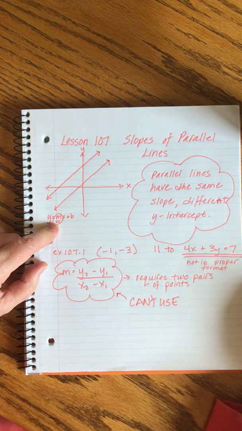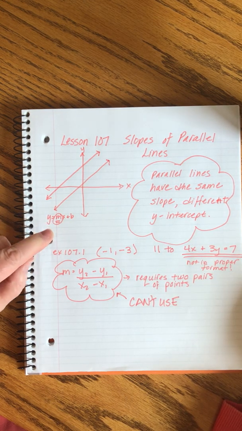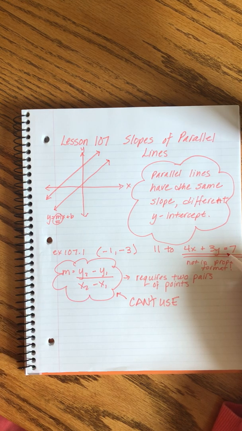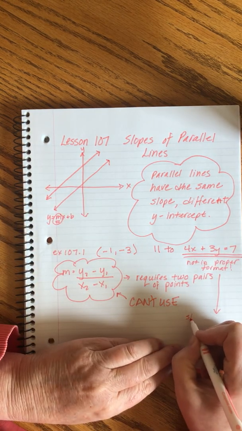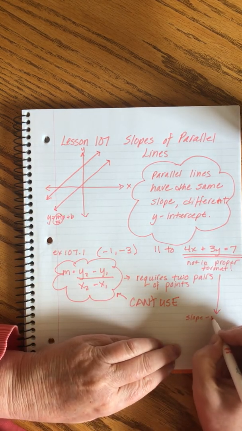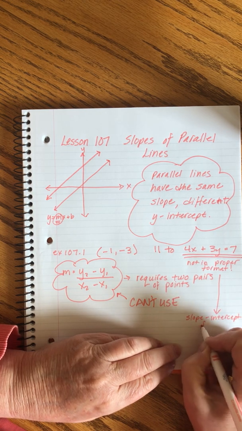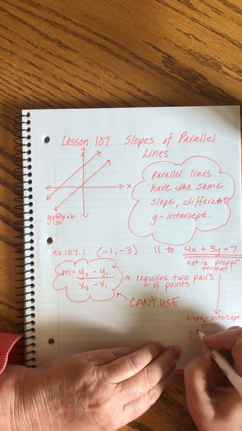What's the proper format? Oh, y equals mx plus b. So before we start plucking out any numbers and calling them the slope, we have to get this equation of the line into what we call slope-intercept form. And that's y equals mx plus b.